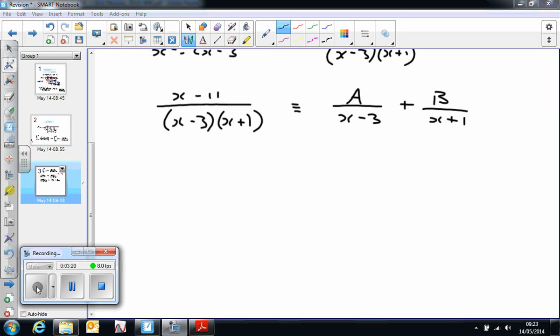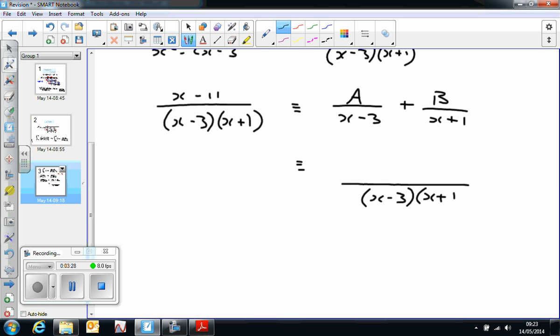First step is we're going to actually recombine this side so that that denominator is the same as that denominator, and then we can equate numerators, if you remember. So the first step is to rewrite this right-hand side as one fraction over x minus 3, x plus 1. And yes, cross multiply is what we're doing.